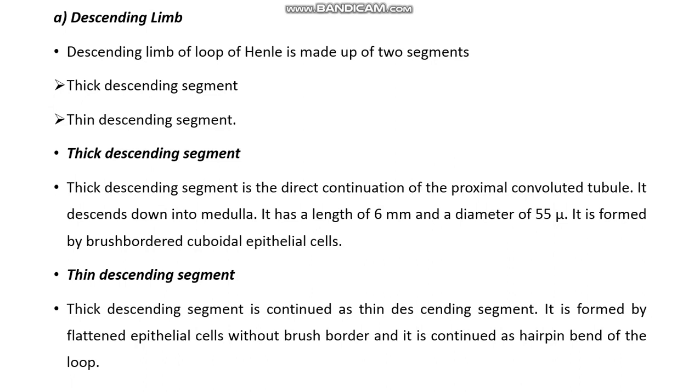Then the next part of the Henle's loop is the thin descending segment. The descending segment continues as the thin descending segment. It is formed by flattened epithelial cells without brush border.